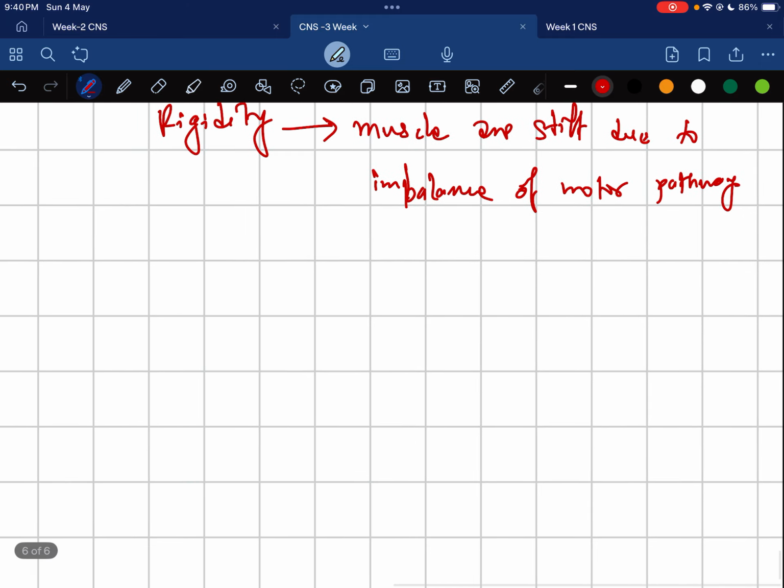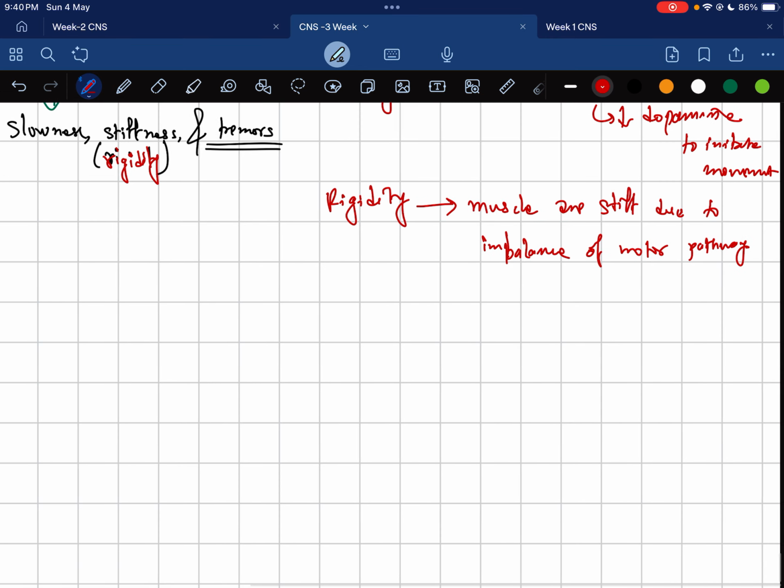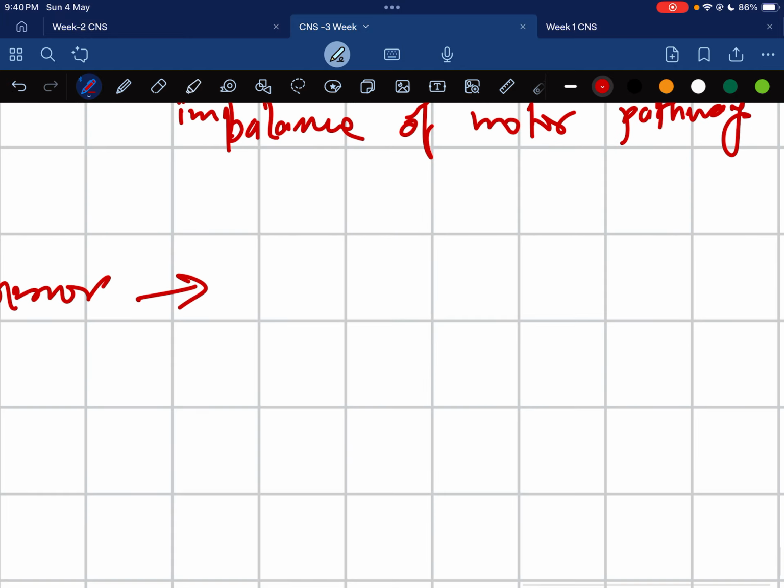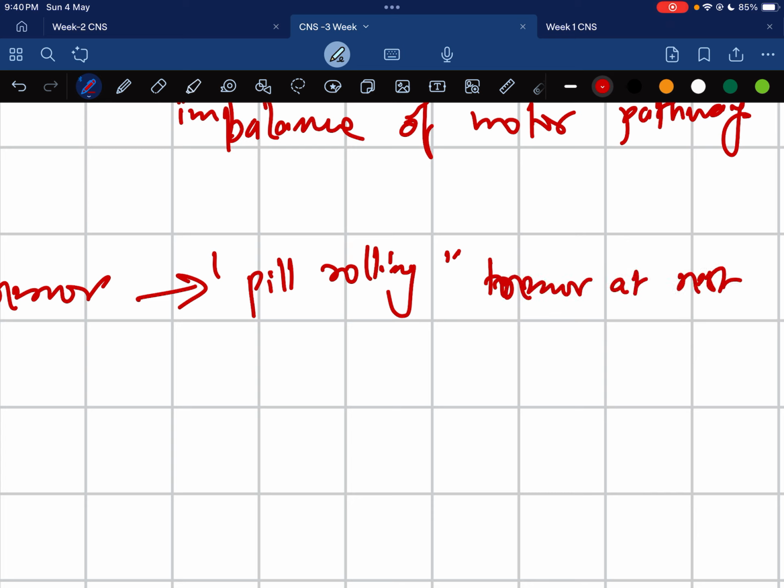After that there is resting tremor, like pill rolling, or tremor at rest.